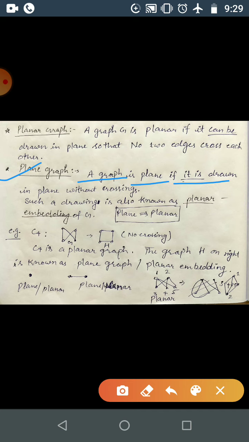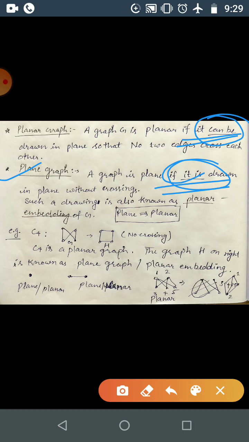It is already drawn in the plane. A planar graph can be drawn, whether it is already drawn or not doesn't matter. Planar can be drawn, and a plane graph is already drawn in a plane such that no edges cross each other.